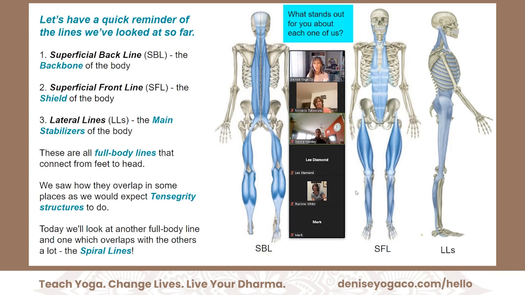So you're always working with all of the lines. Wait till you see, when we get into the deep front line, you're going to realize, okay, if I organize and activate, which seems to be about the lateral lines and the spiral lines, that's going to turn on my deep front line too. You can't prevent it. So anyways, that's what's up ahead.